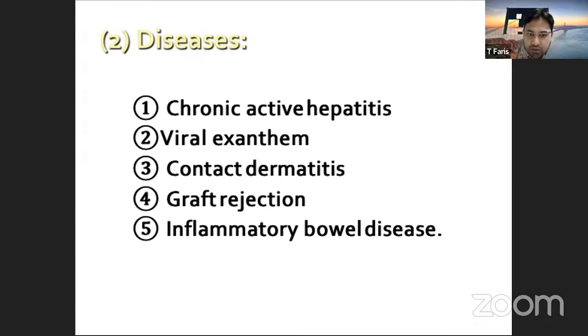Graft rejection is also type 4 or cell mediated because it occurs when the recipient's immune system attacks the donor graft. When you are receiving foreign organs from people, or a graft due to transplantation, your immune cells start to recognize this as foreign.